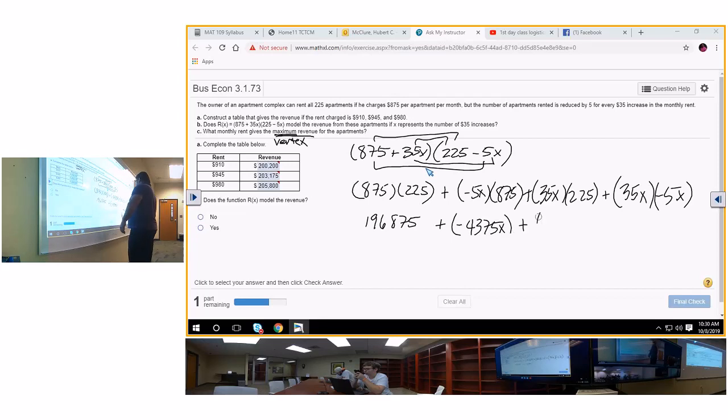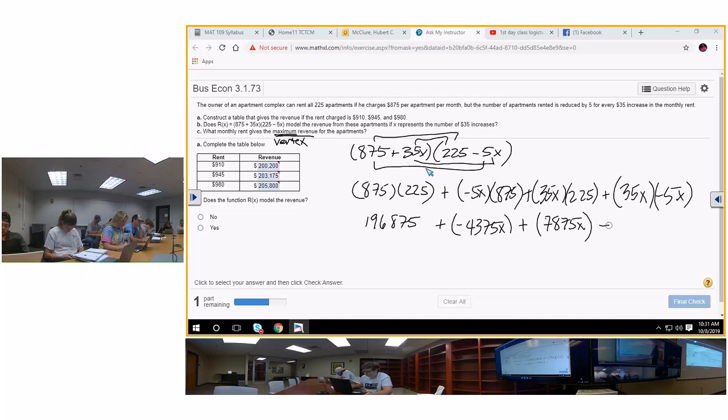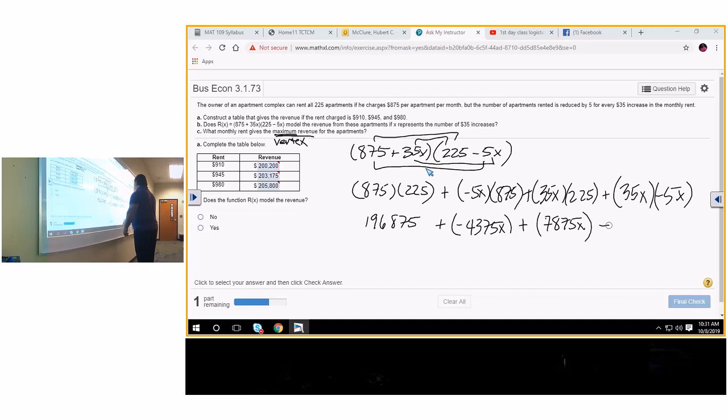Plus, what's 35 times 225? 7,875x. Minus 5 times 35 is 175? Negative 175x squared.